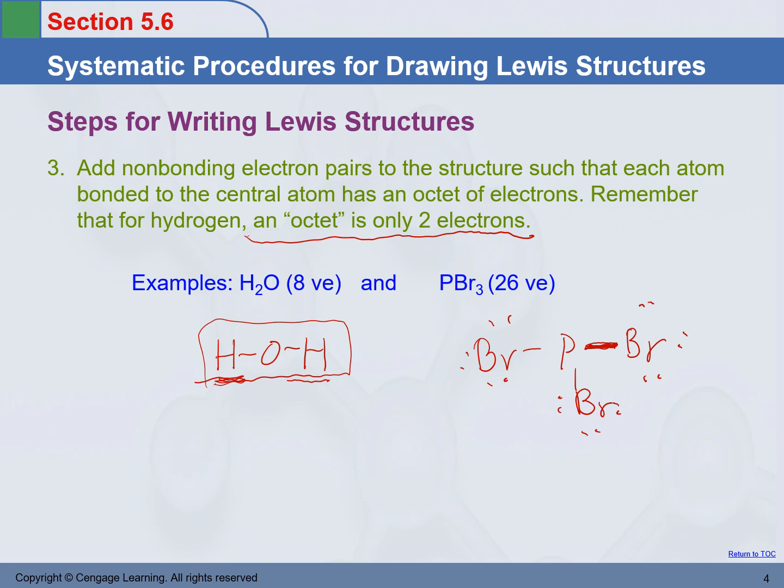That sounds easy. However, you cannot do that yet because you might not have that many electrons available. This is the total number of electrons you have. You cannot just throw electrons around. You may or may not have enough electrons. So let's move to step number 4 to see what it is asking us to do.